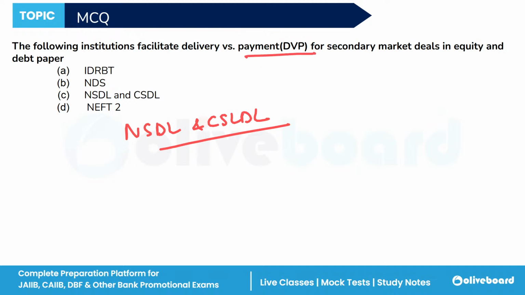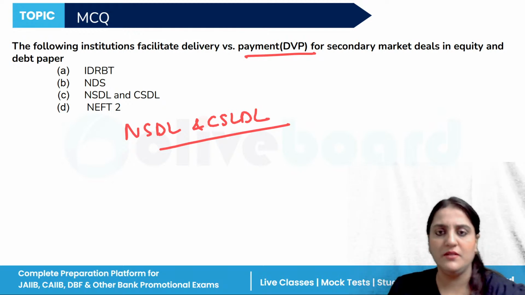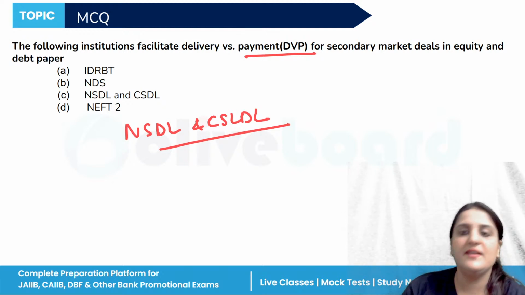And what is this delivery versus payment? It is a settlement mechanism used in a financial market to ensure that the transfer of equities occurs simultaneously with the transfer of funds. This minimizes the risk of default by either party. So we can say here the correct answer is option C, that is NSDL and CSDL.